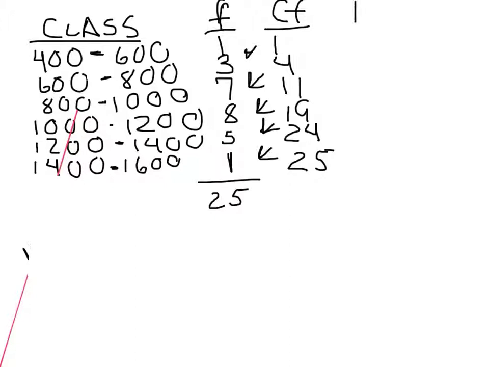Then relative frequency, that's very nice. You have 1 over 25. You just take the frequency over the n, so that's 0.04.